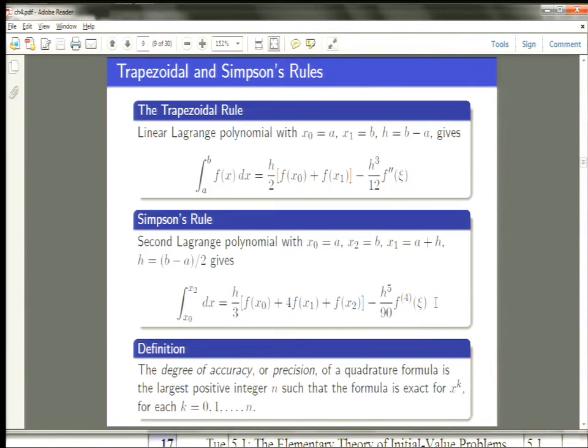They're going to use f of a, and they call this x0. They're going to use f of b, and they call this x2. And they have another point in the middle that they call x1. And it's exactly h away from a, right? So they seem to define h, just like before, to be the distance between the points. And they have 3 points, and they evaluate these 3. All right? That's the setting.